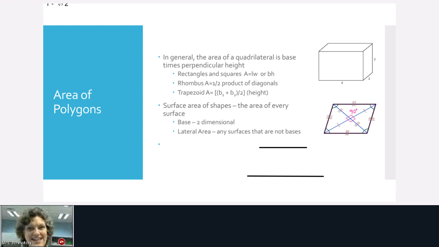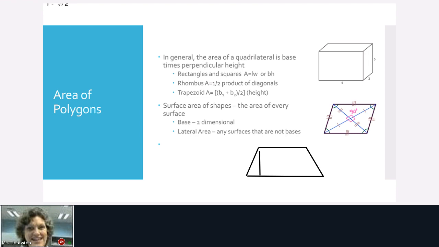So because there are 2 bases, you have to take the average of those 2 bases and multiply it by the perpendicular height. So the height would be somewhere like this. That would hit the one base or both bases in a perpendicular way.